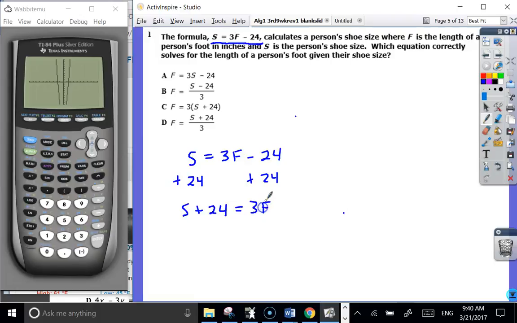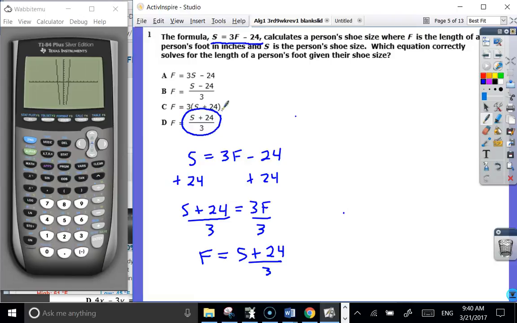Then what? Divide by 3. So I need to check that this is the correct f plus 24 over 3, which is which one? In mine, it's this one right here. I'll just focus on that.